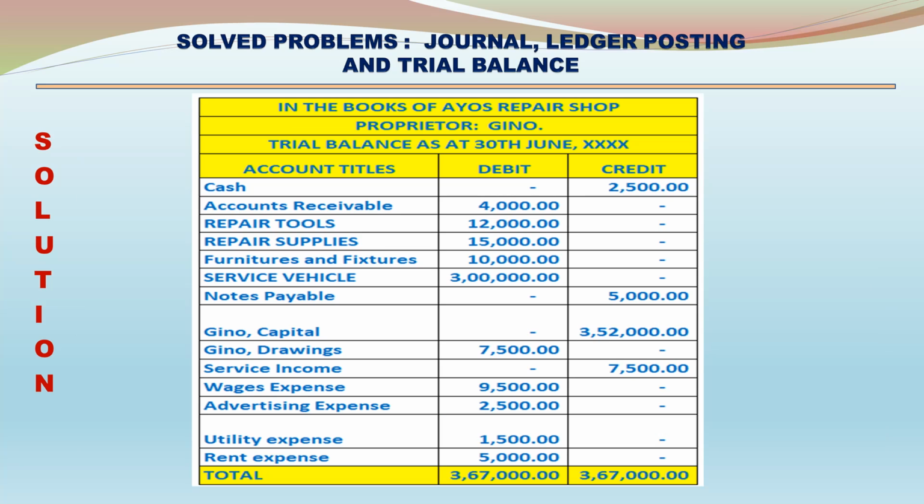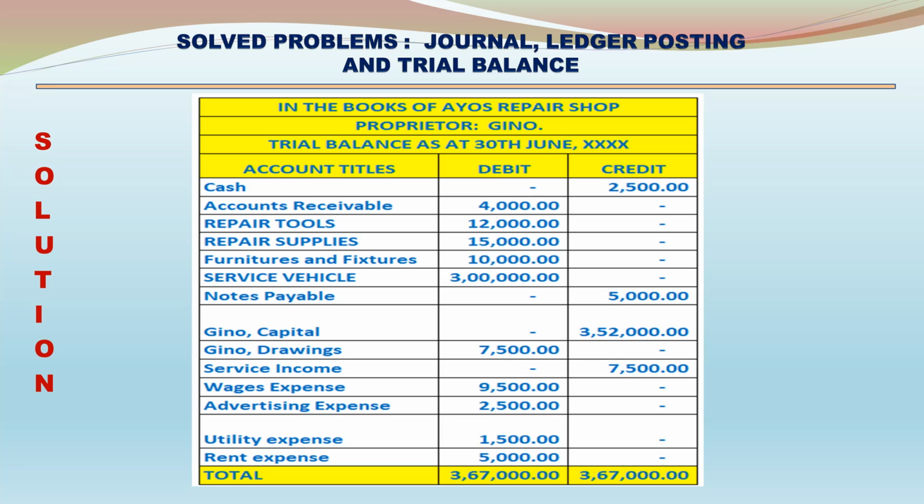In the books of Ayos Repair Shop, proprietor Gino, trial balance as of 30th June. Cash: credit 2,500. Accounts Receivable: debit 4,000. Repair Tools: debit 12,000. Repair Supplies: debit 15,000. Furniture and Fixtures: debit 10,000. Service Vehicle: debit 300,000. Notes Payable: credit 5,000.